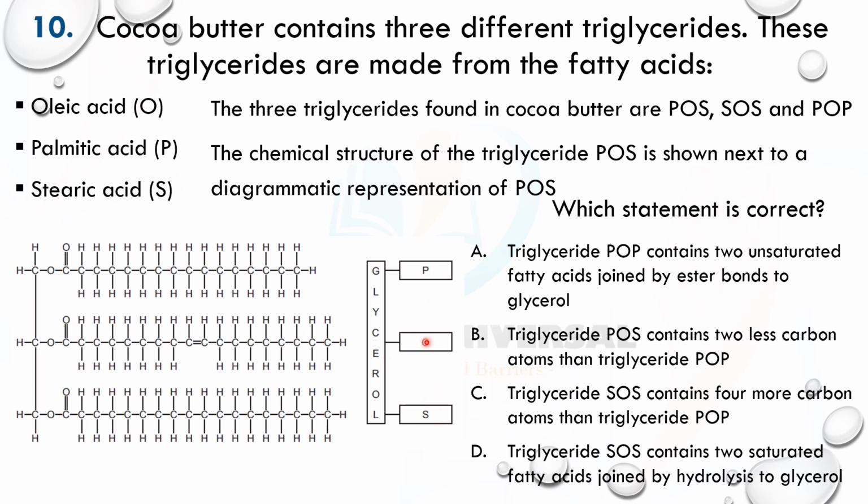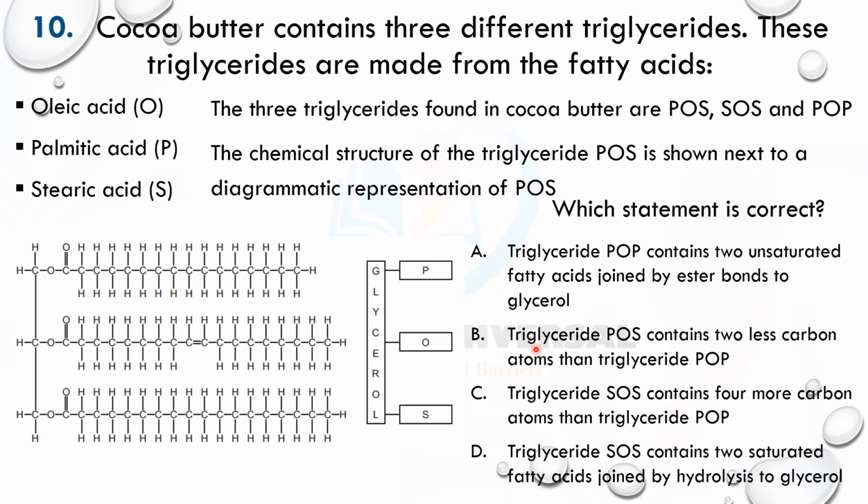It's only O that is unsaturated. So we cannot have 2 unsaturated in POP, because P is saturated. How do we know? Presence of a double bond means unsaturated. Single bonds all through means saturated. So P is saturated and we have 2 P's. So A is wrong.